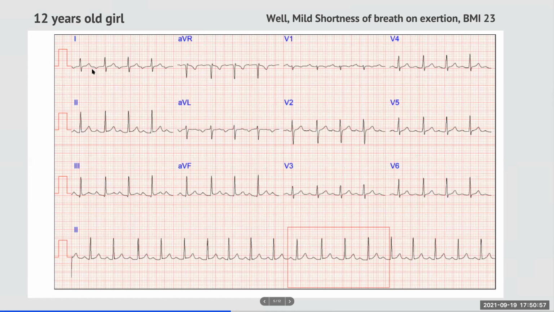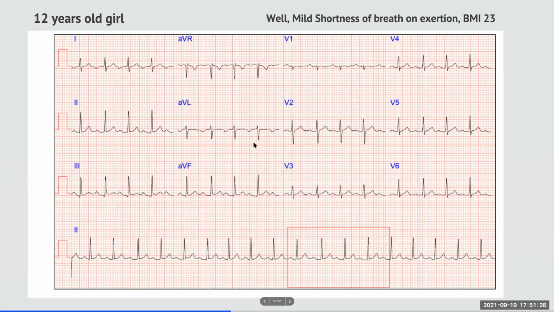And it is inverted, absolutely wonderful. Lead 1 and AVL are what leads? Lateral leads, yes. So do you expect the P waves in lead 1 and AVL to be negative in a normal ECG? No, they should be positive normally.